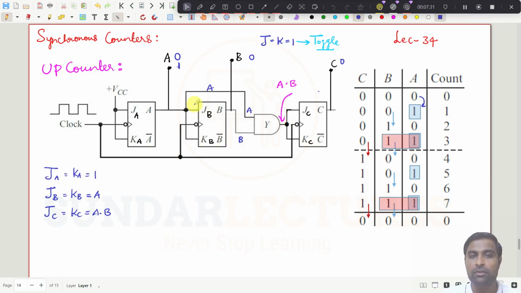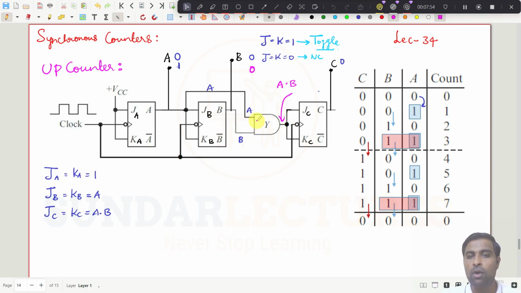So it is 0, 0. In a JK flip flop, J equal to K equal to 0 is the no change condition. So the output of 0 will be simply retained.